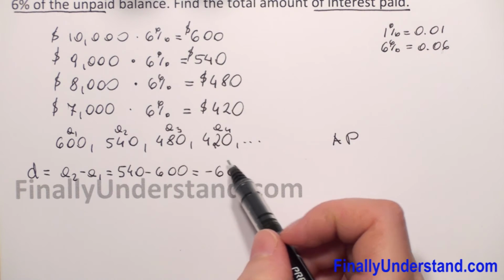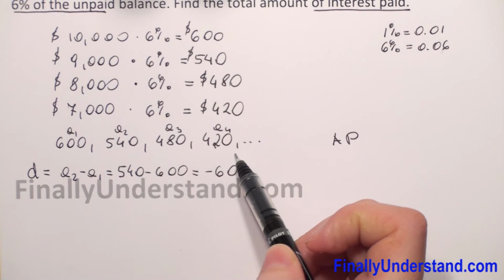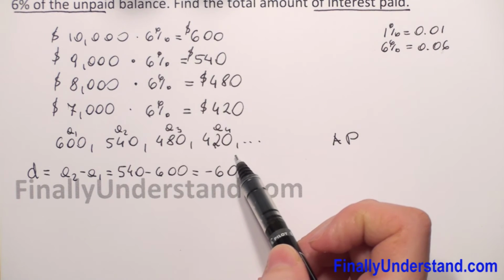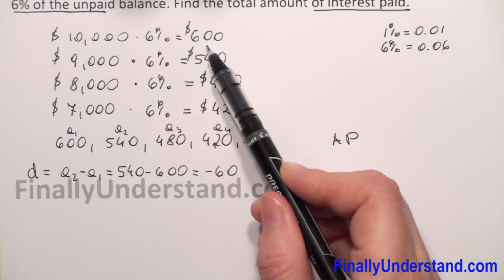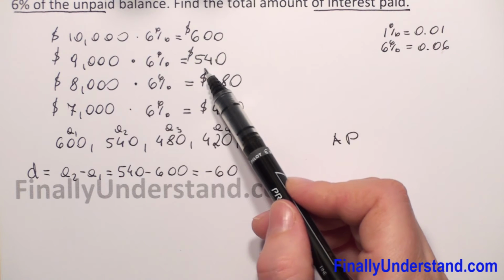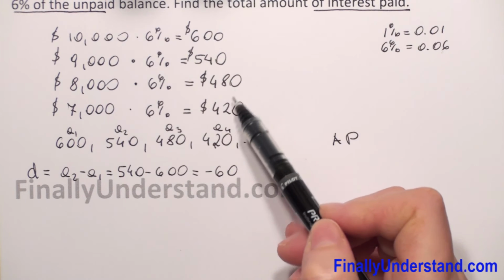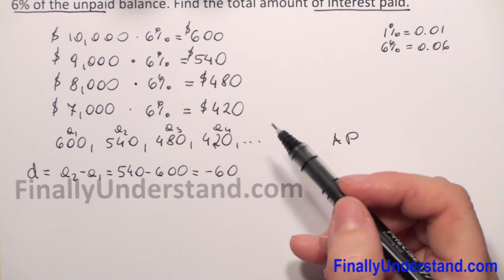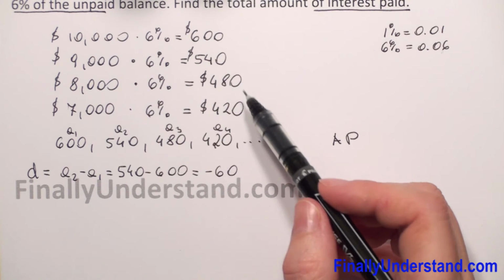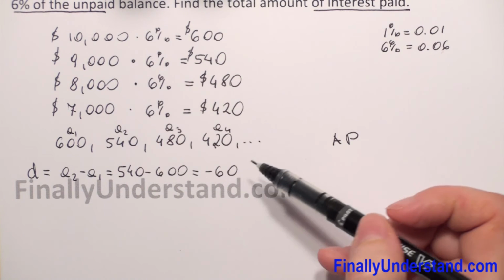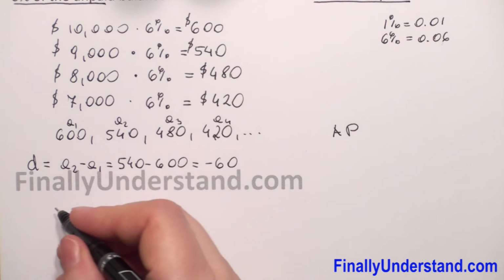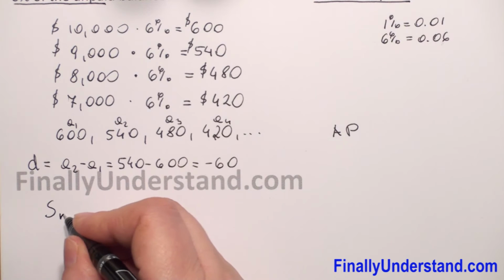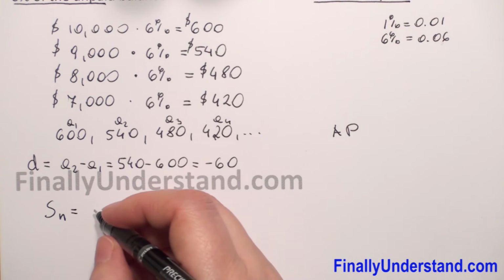And now, when we have arithmetic progression, we have to find the sum, the total amount of interest. First, she has to pay 600, next 540, 480, 420, and so on. So to find the total amount of interest, we will use the formula for the sum of n terms of arithmetic progression.